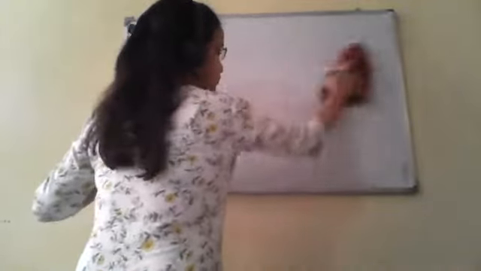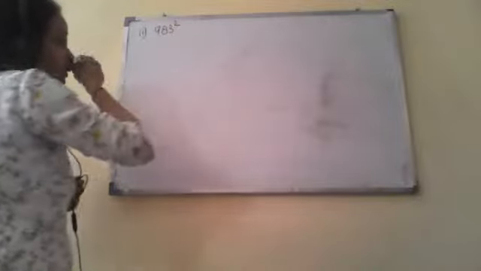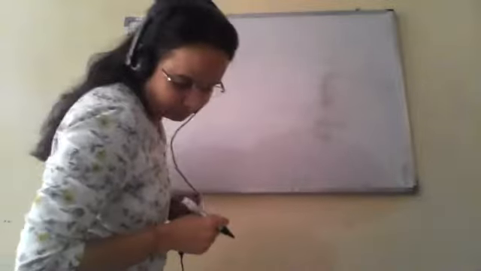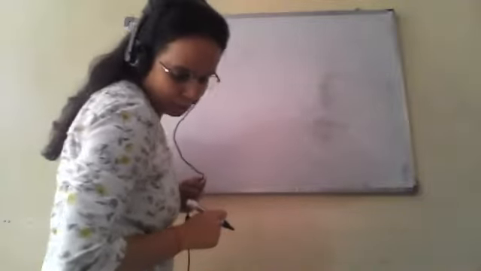Now second part. Now second part of this. This is 983 square minus 17 square.